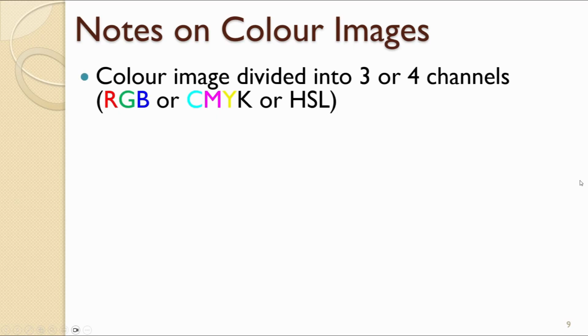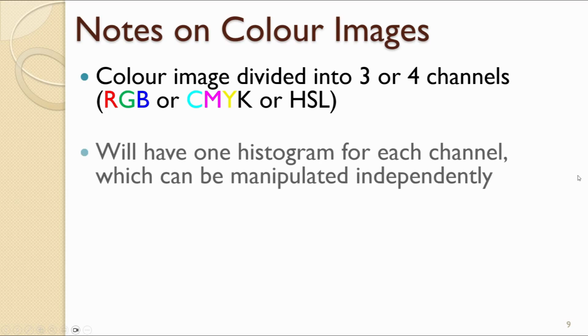Now for a few notes on color images. It's exactly the same as for the grayscale images, except that there is a histogram for each color channel. So if it's a red, green, blue image, a cyan, magenta, yellow, black image, or a hue, saturation, luminance image, there will be a histogram for each channel. You can manipulate each of those channels independently of each other, which allows you to have a lot of control over the color balance of your image, highlight certain areas by color, or do things like false coloring.